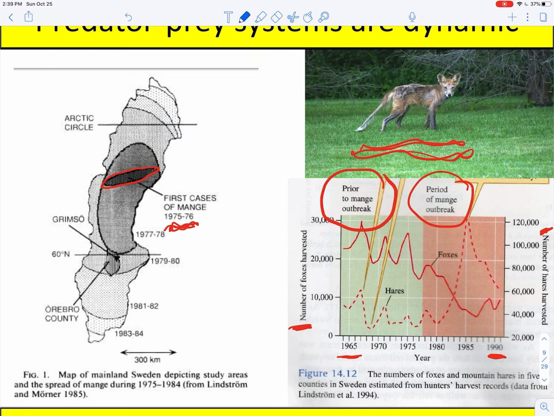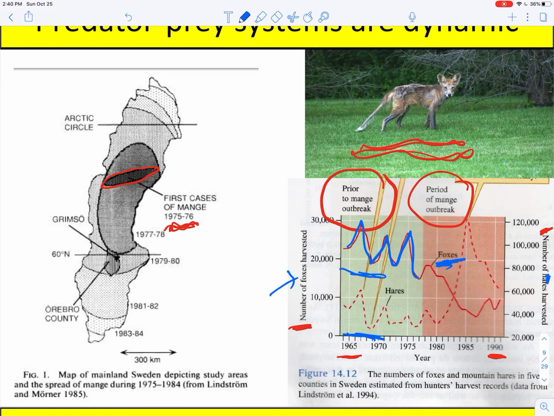And what you're noticing here is that these predator-prey systems between foxes and their prey of hares are being affected by this parasite of mange. So we're noticing high rates of foxes prior to mange outbreak, low levels of hares. You still see some population fluctuation over time, which we're going to talk a little bit more about.